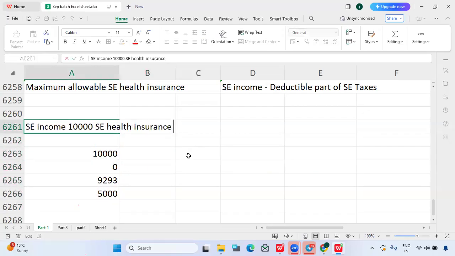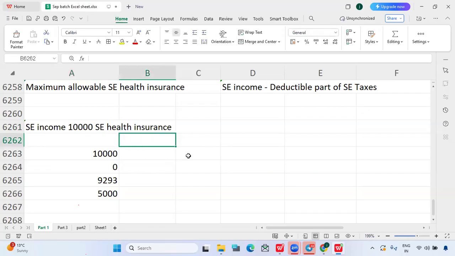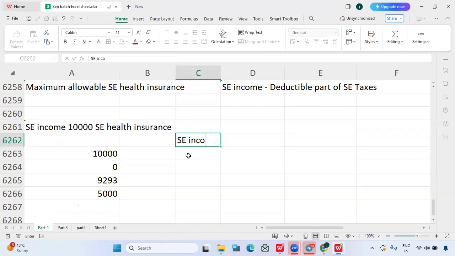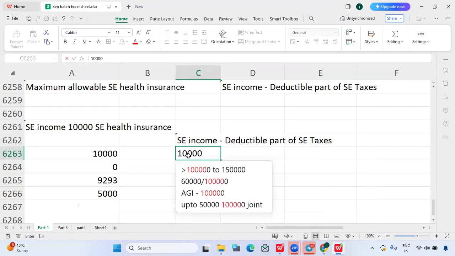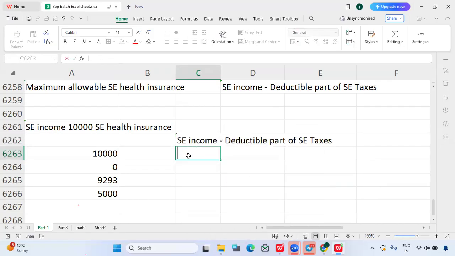So what is the formula for self-employed health insurance? SE health insurance: self-employment income minus the deductible part of SE taxes. Self-employment income is 10,000. How do we calculate the deductible part of self-employment taxes?